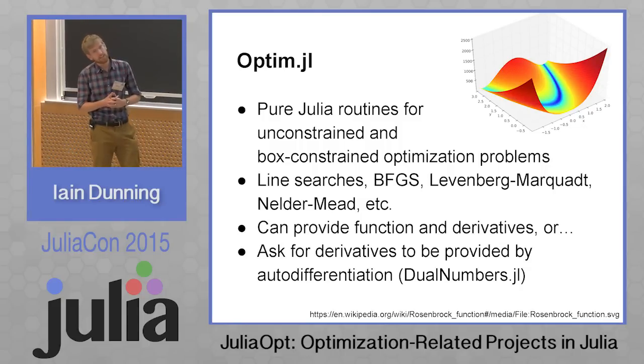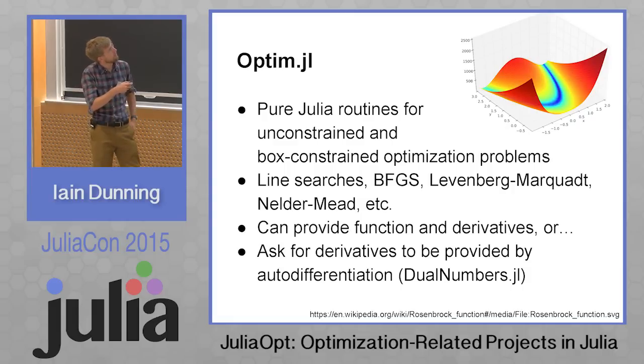You provide a function to evaluate. You can also provide derivatives if you have them. And one of the cool things is that if you write your function with some care, Optim can automatically calculate exact derivatives, not approximate, exact derivatives, and solve using those.